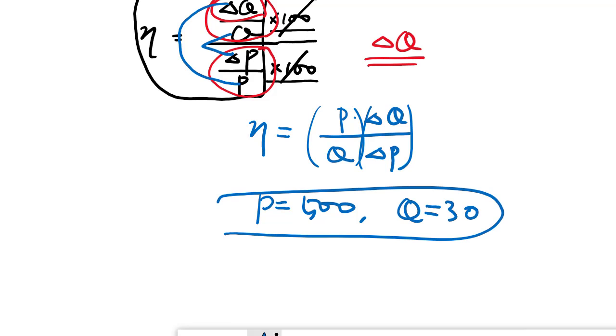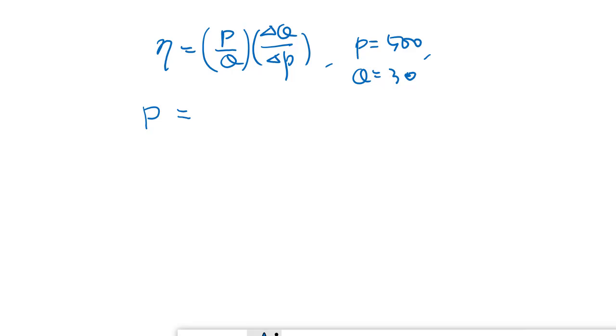We found these two from question B, so we can plug these terms into the definition of price elasticity of demand. But then we do not know the second fraction, delta Q over delta P. This fraction can be found from the demand equation, which is P equals 2000 minus 50Q.